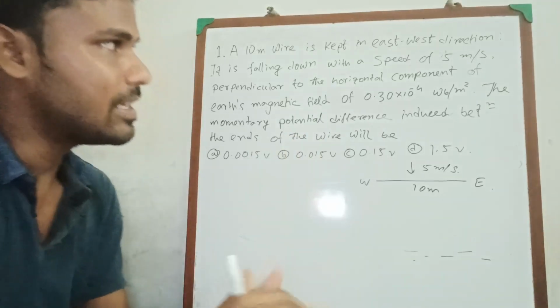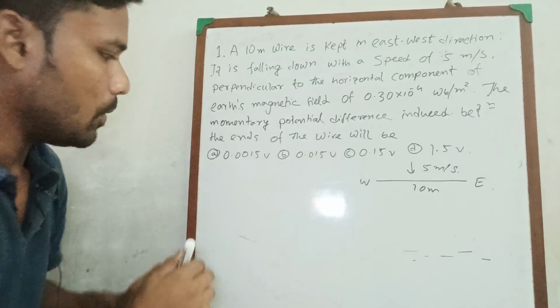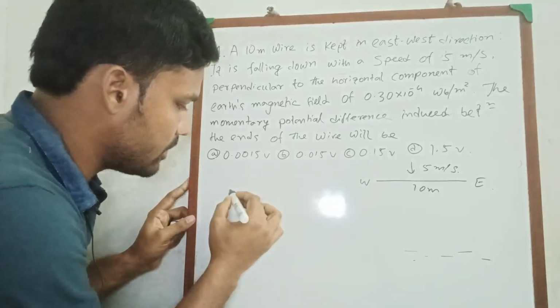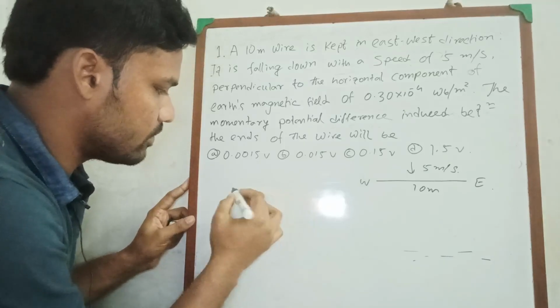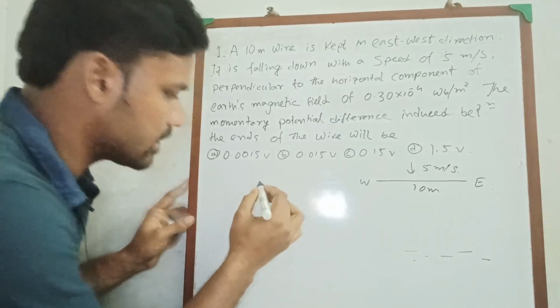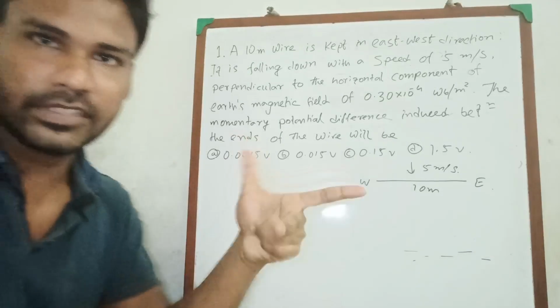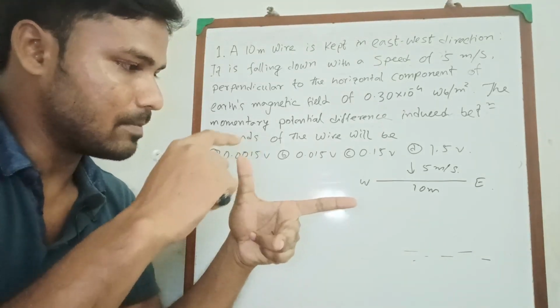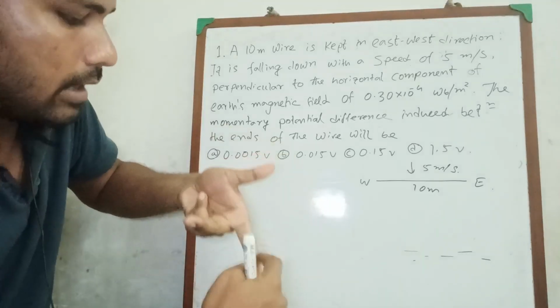Let's proceed. Suppose this is the horizontal direction of the earth's field. We can apply the left hand rule here.